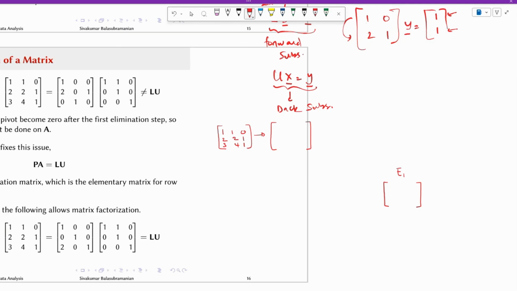You're always missing the negative sign. You're subtracting 2 times the first row. Yes. Okay. And what do you get here? Our pivot was this. What is the next step?